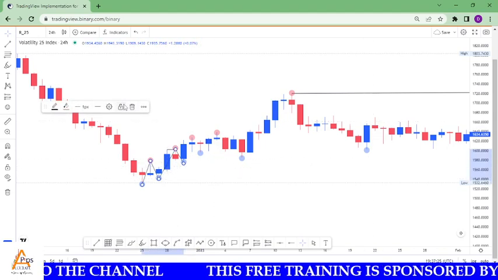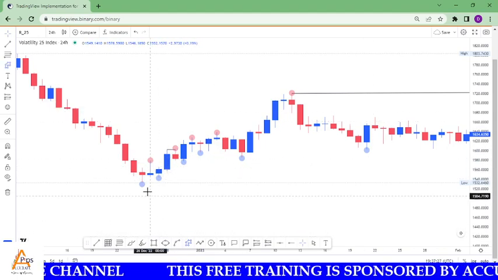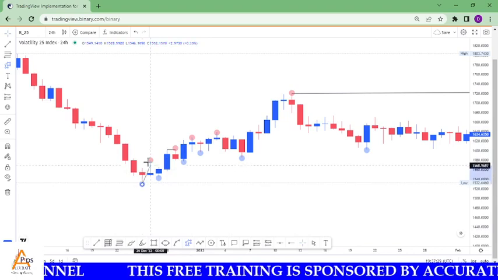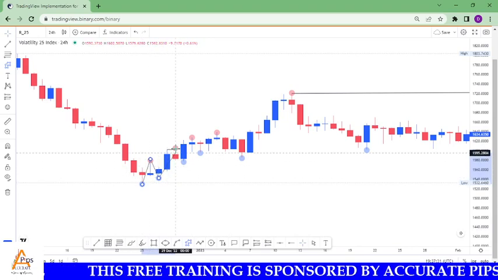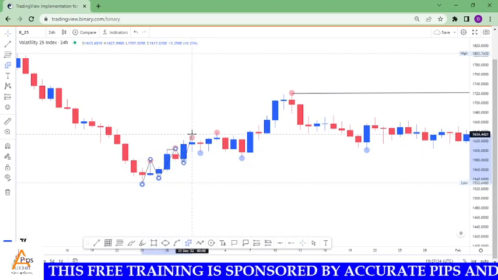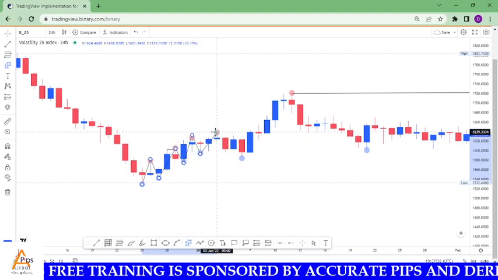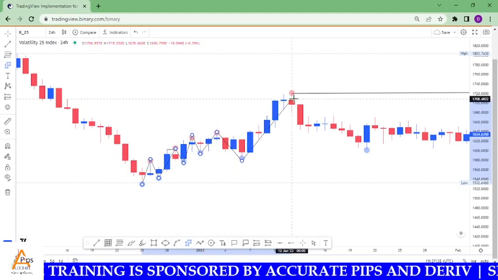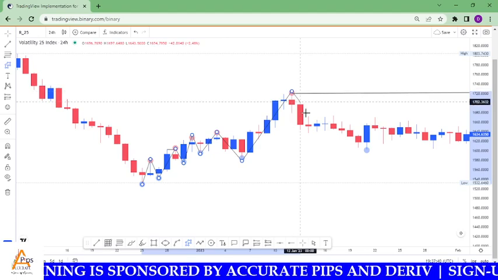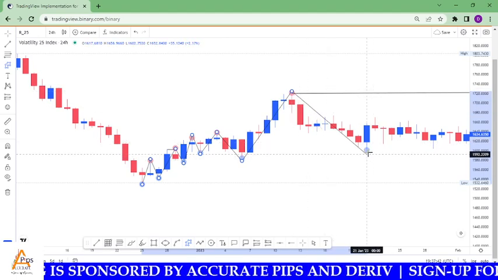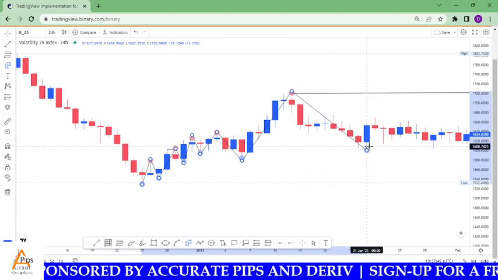That is how it needs to look. So let's see. We have our low, high, low, high, low, high, deeper low, high, and then low.